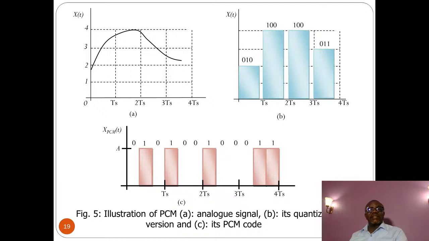It sees the signal. Now this signal is closer to 3 than to 2, so it takes it as 3. You now see the fourth blue pulse on Fig B that starts at 3TS. It sees it as 3, and 3 in binary is 011.